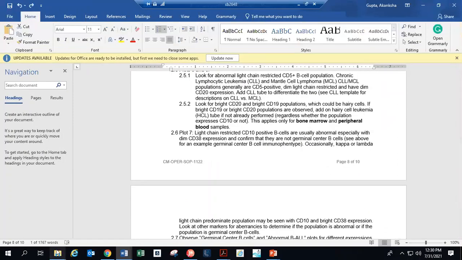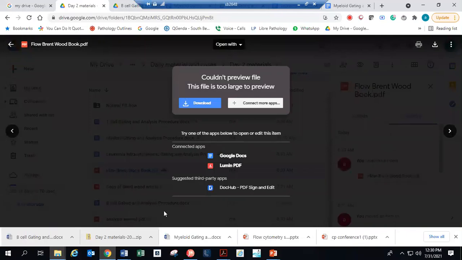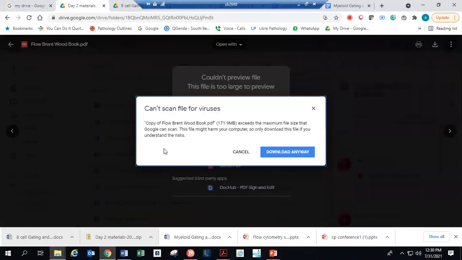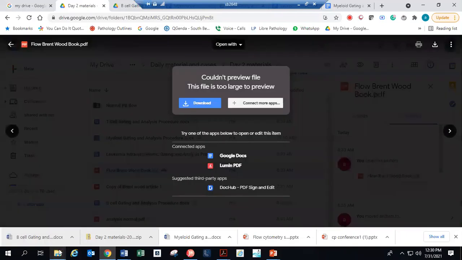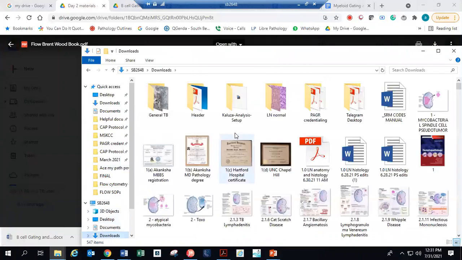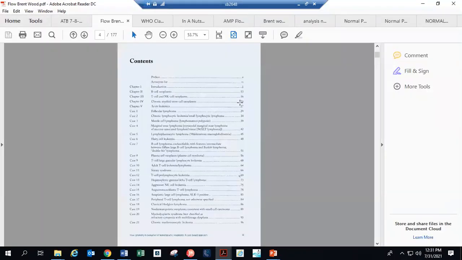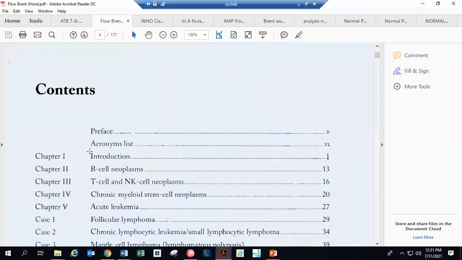I was hoping to read more of maybe the Brent Wood early chapters. Let's see, I don't have it downloaded. Actually, I might have it downloaded. I was hoping that we would do these early chapters with the introduction to B cell and T cell.